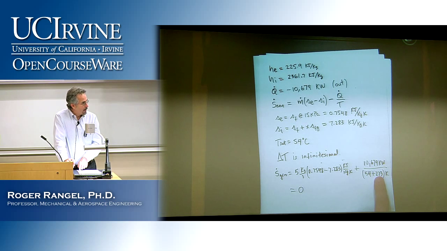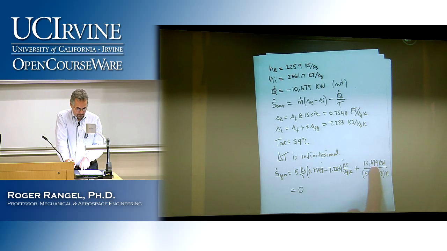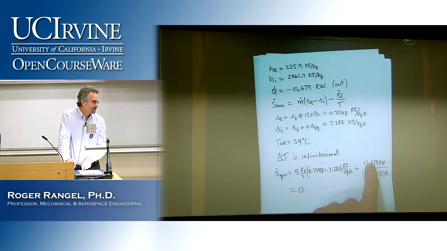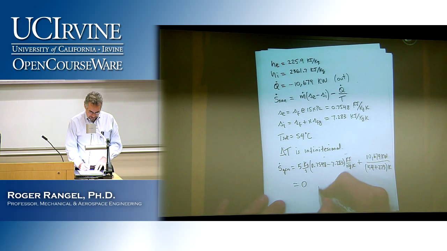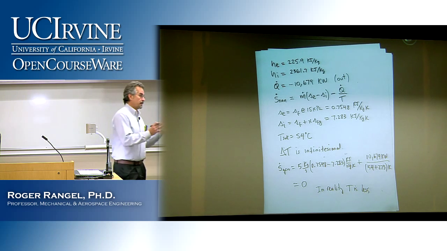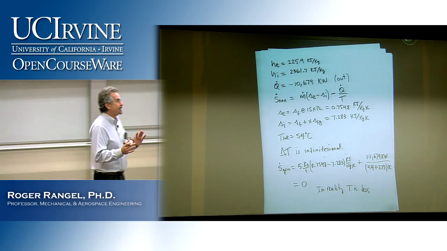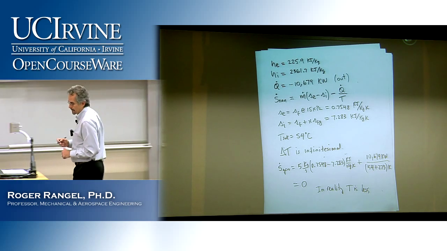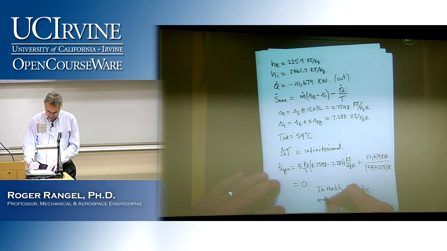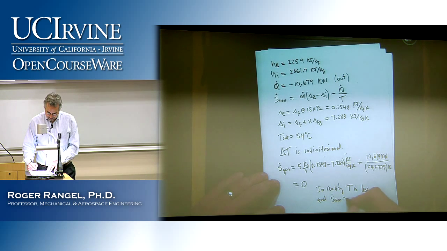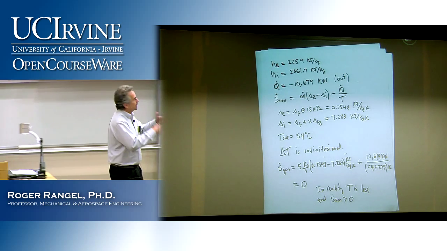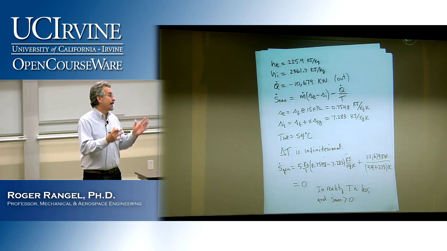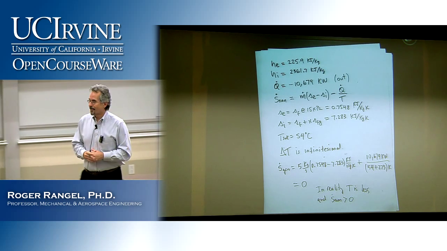This denominator would be a smaller number, and therefore this quantity, which is positive, will be larger. So in reality, the typical temperature across which the heat transfer takes place is less, and S generation is positive.